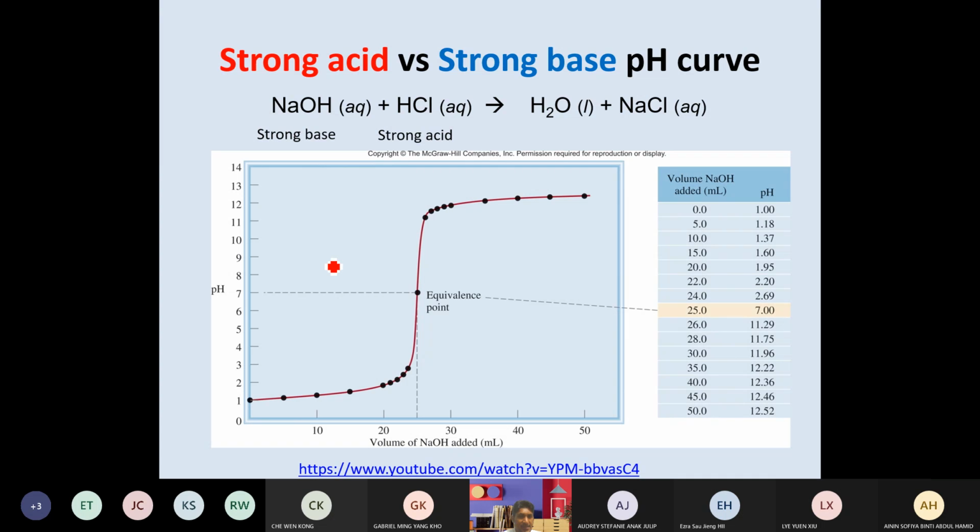So this is the equivalence point, and you will not get numerical data for this equivalence point from the experiment. It has to be calculated, because you will not get data for it from here. What you will see sometimes is the acid and base pH curve.